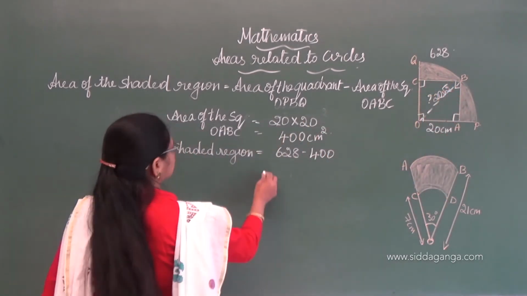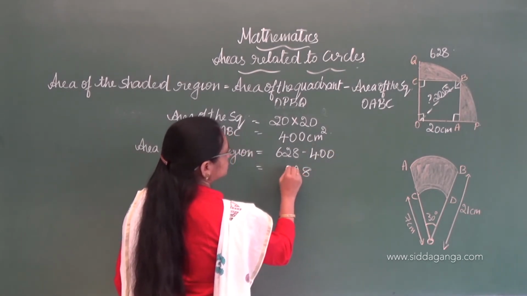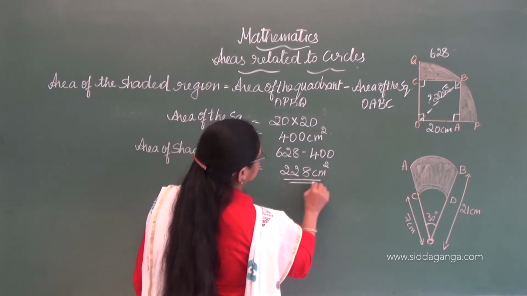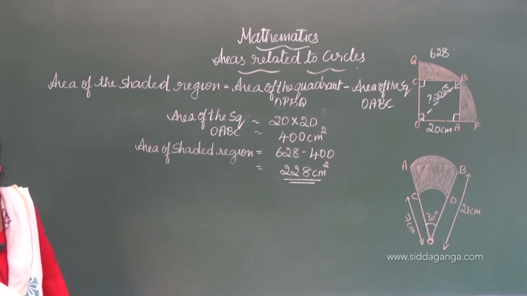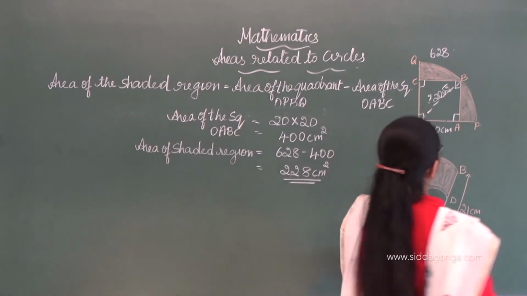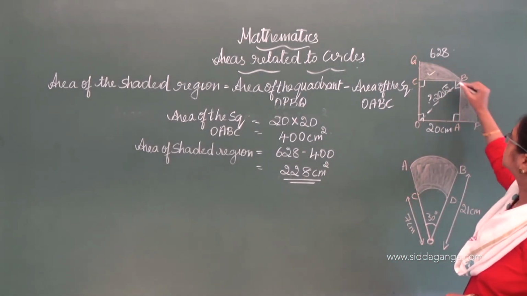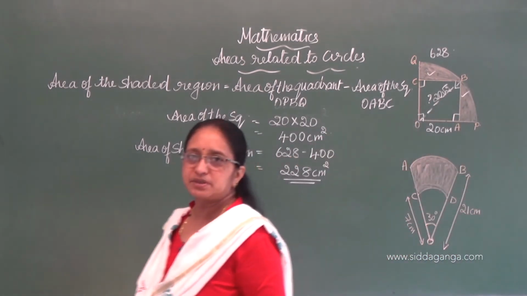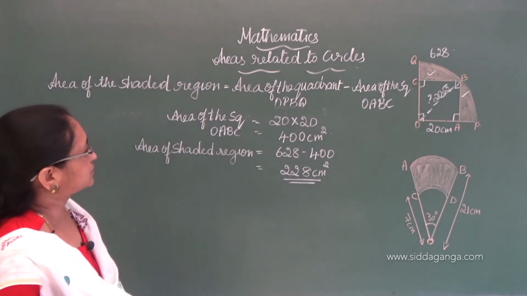So, what is the answer? 628 minus 400 is 228 centimeter square. So, this is the answer for this one, that is, the shaded part is 228 centimeter square. Okay. Now, let us move on to the next one.